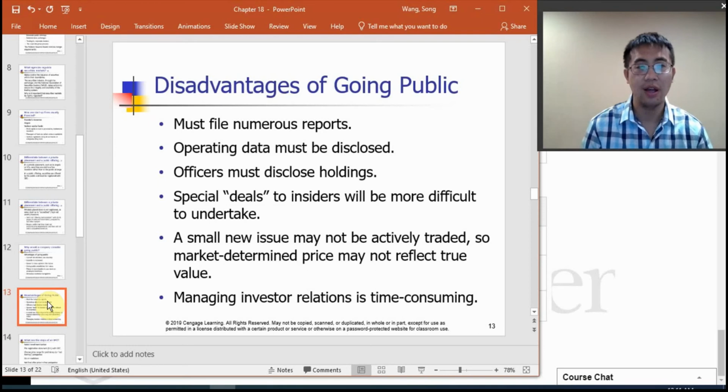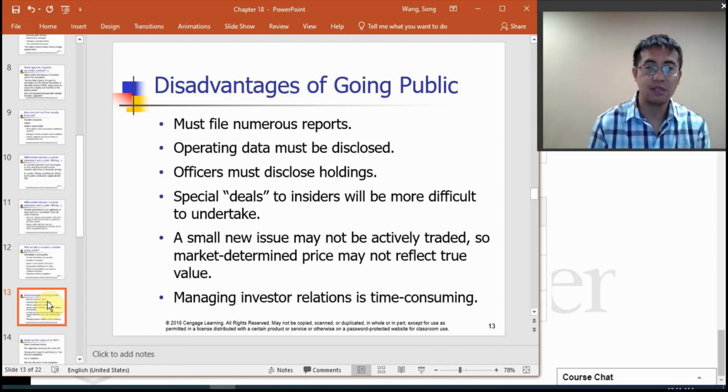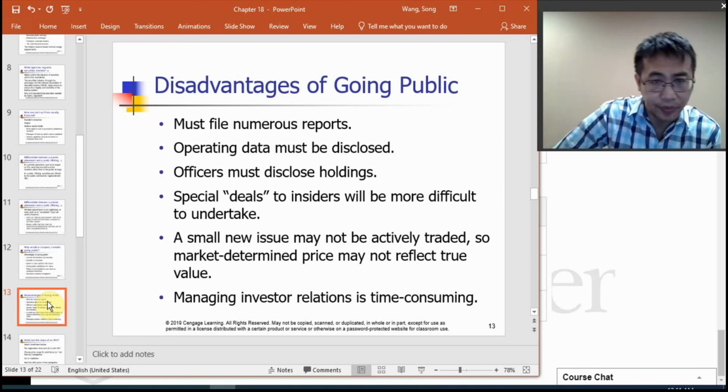And also the major shareholders, the managers and the officers must disclose their stock holdings. If they sell their shares, they should let the public know, so your personal wealth is kind of exposed to public knowledge.